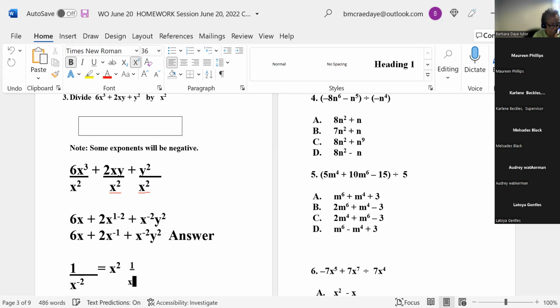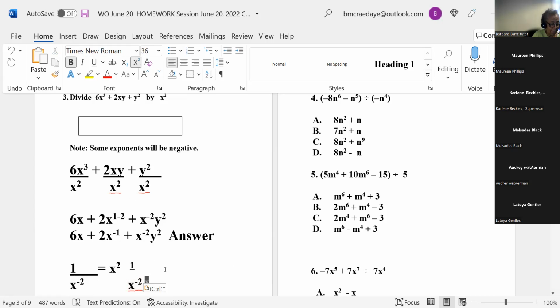Okay, so this is x, and I put it to the second power. I want to make this a positive.